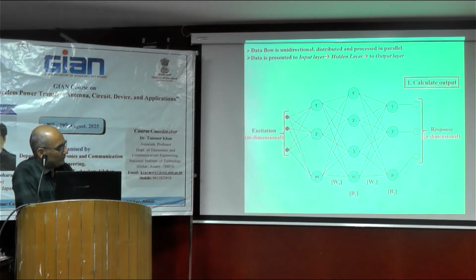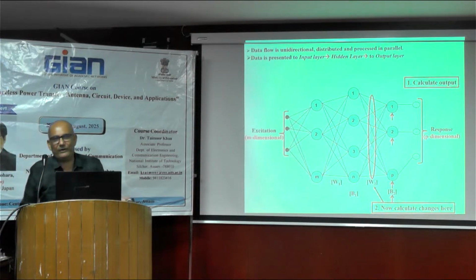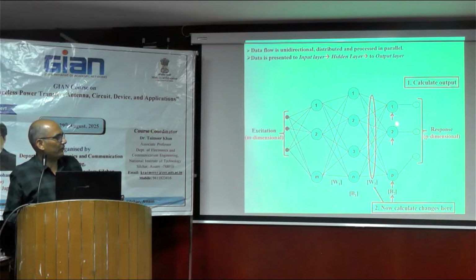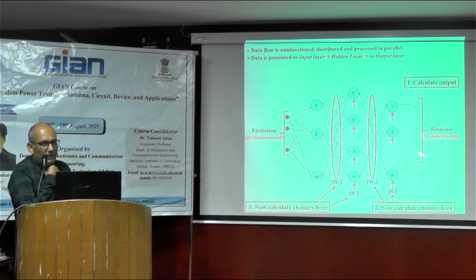After calculating this error, you need to optimize this matrix first. Now calculate the changes: the difference between the calculated output and reference output, the difference amount, and the weight factors will come into the picture. Then accordingly the bias B2 matrix and W2 matrix will be optimized in the first step. Then it will come to the next one, W1 and B1.